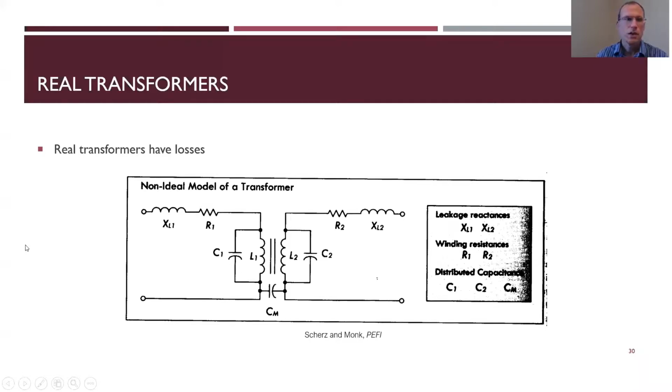So real transformers do actually have energy loss. We're not going to worry too much about that in this course, but in real life, the power in the secondary is not exactly the same as the power in the primary, so you don't have ideal transformers.